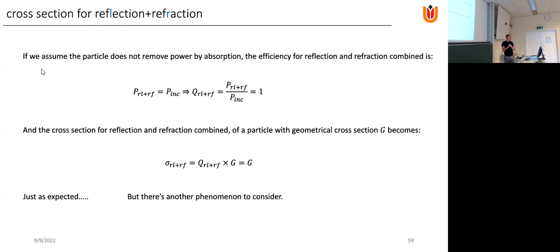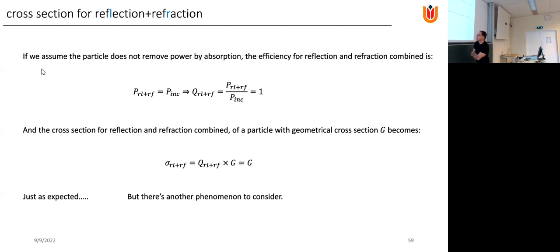That would lead to an efficiency factor of 1, and that would lead to a cross section for reflection plus refraction that is equal to the geometrical cross section of the particle itself. That is just as expected.